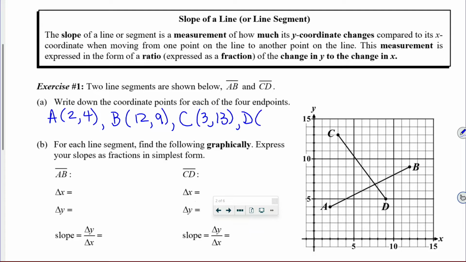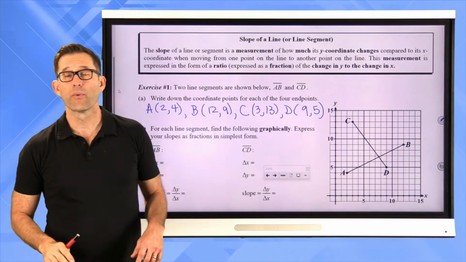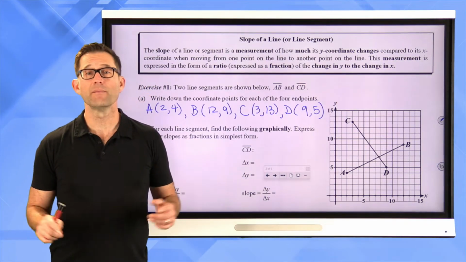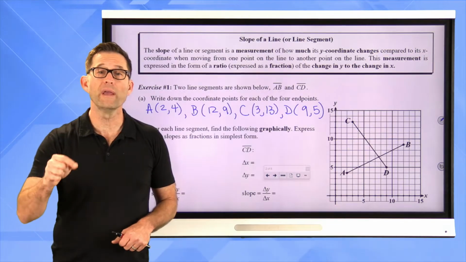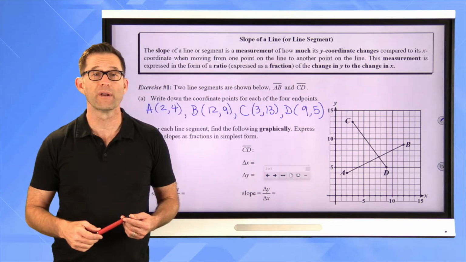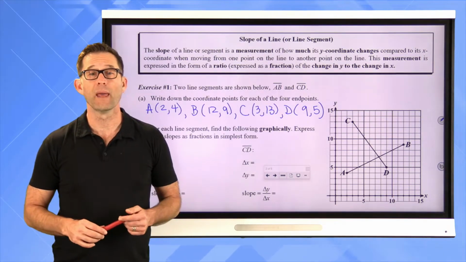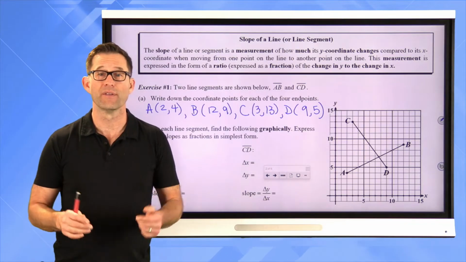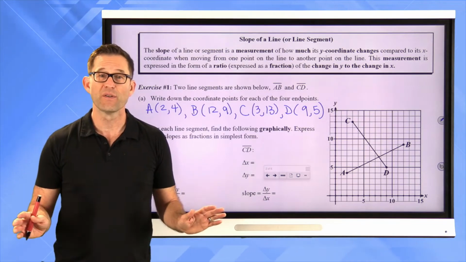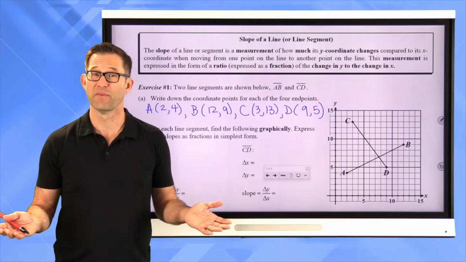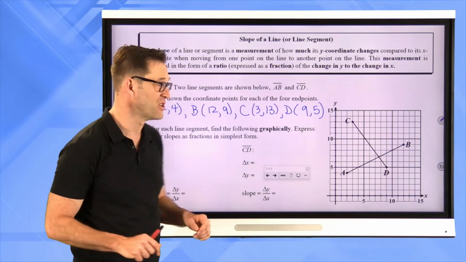And point D is going to be at 9 comma 5. All right? So throughout this unit, it's going to be extremely critical for you to both be able to read off coordinate points from a coordinate grid and to be able to plot points when you're given their coordinates. I know you've been doing that since 6th grade. It shouldn't be a big deal, but I just wanted to mention it.